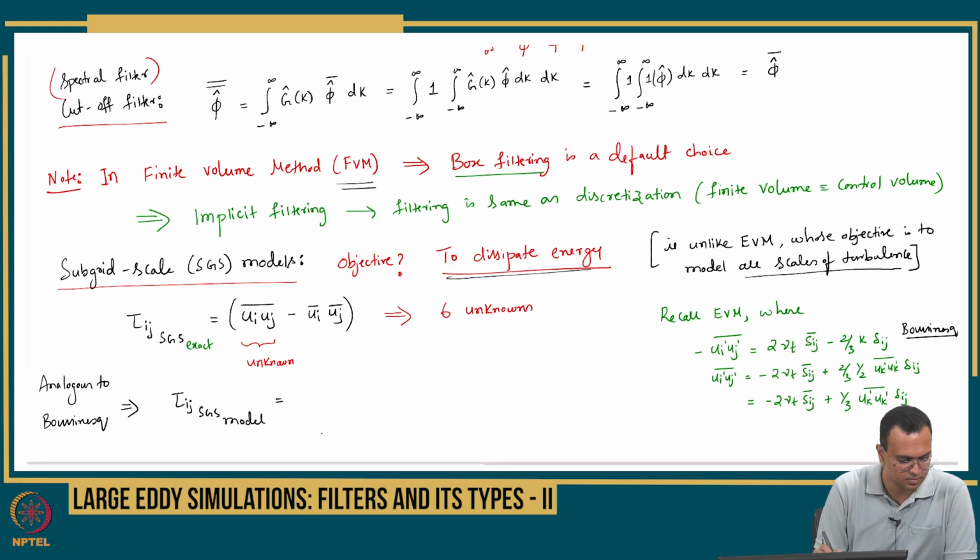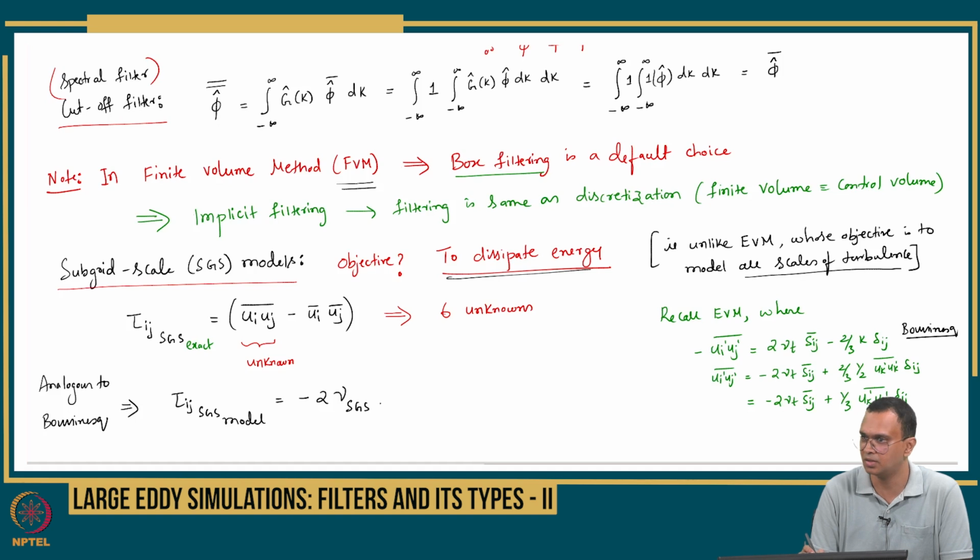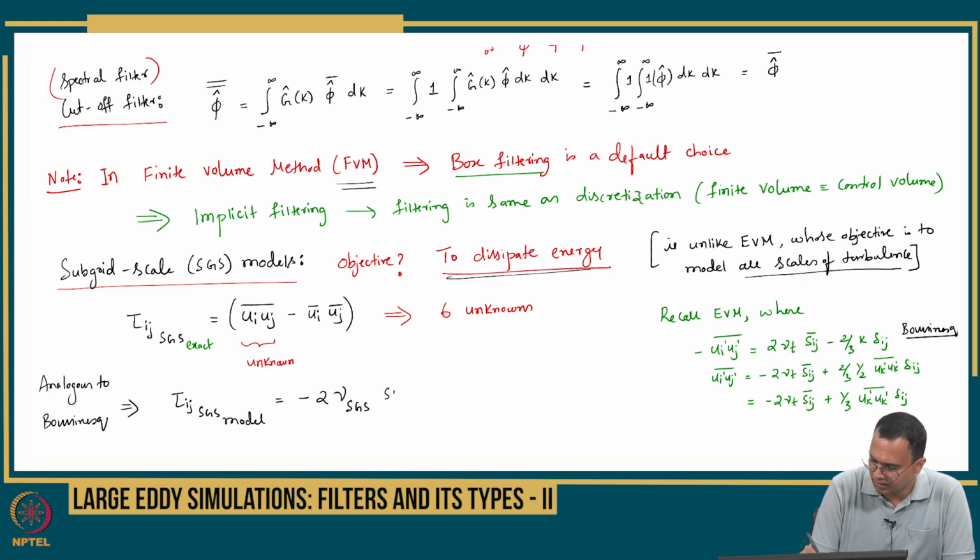The model is minus 2... Can I write nu t? Nu t, can I write, or do we have to do something else here? No, nu t accounts for all scales of turbulence. We are not doing that. So I need nu SGS. I need a so-called viscosity associated with subgrid scale motion. Again, numerical argument. This is not a viscosity. Okay, minus 2 nu SGS Sij.